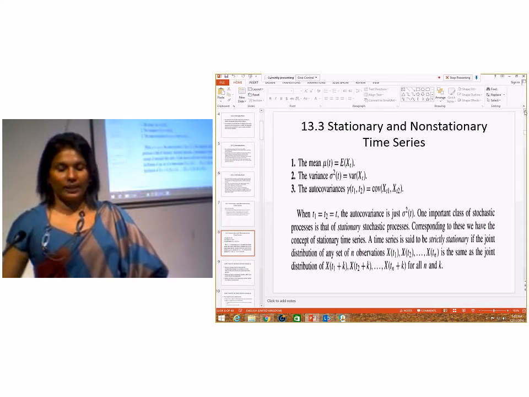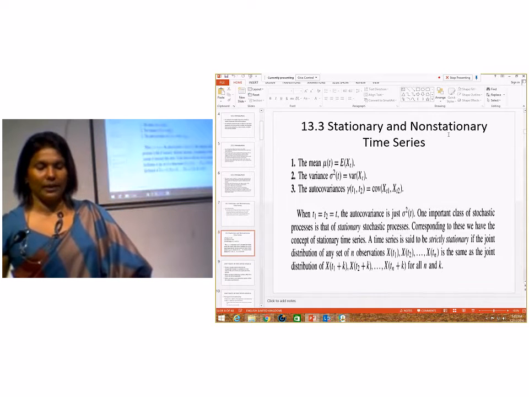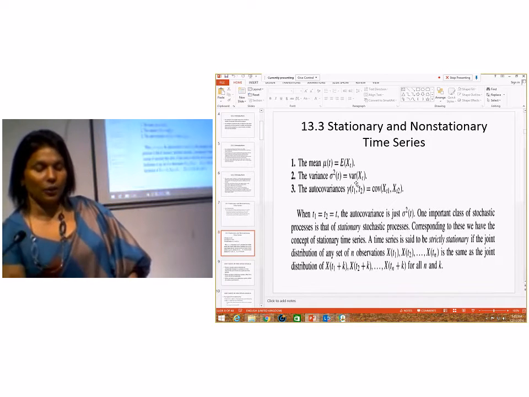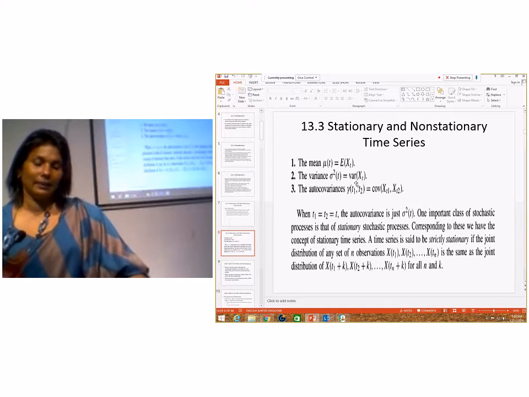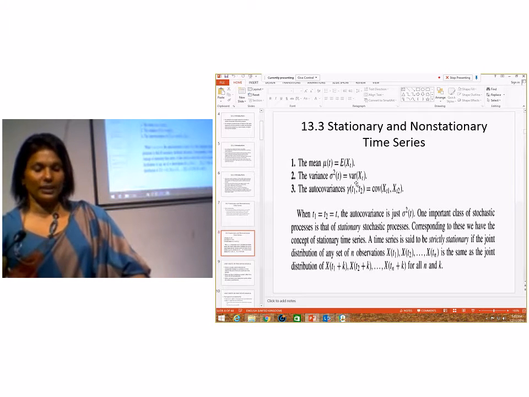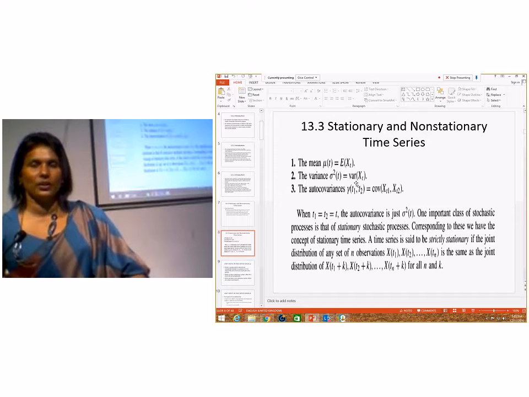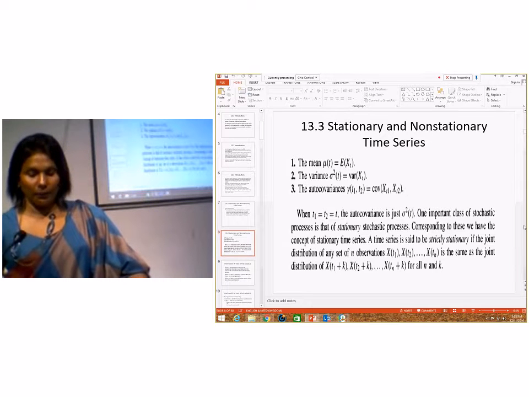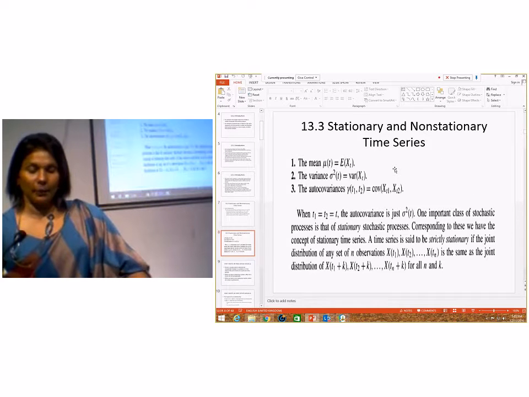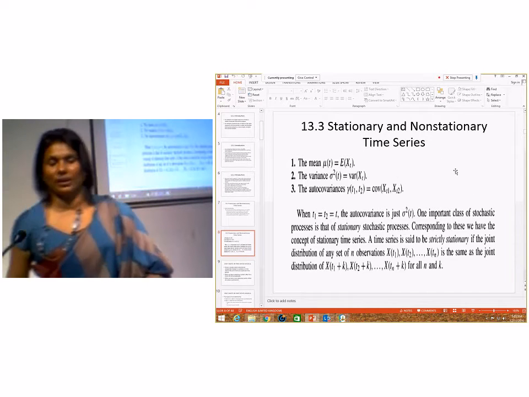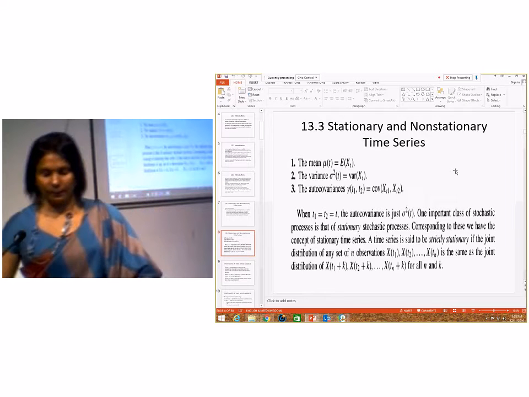To test stationarity, I'm not going to explain more about the theory. Let's discuss what is stationary and what is non-stationary by using a practical example. This slide explains the theoretical background about what is stationary and what is non-stationary.